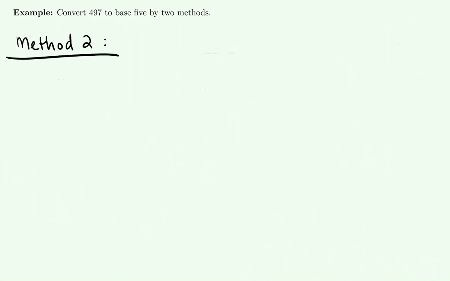In this next method of taking 497 in base 10 to a base 5 number, you begin by starting with the base that you're looking at, in this case base 5, and then you can draw this little angle as just an organizational tool, and you put the number that you're trying to convert into this box.